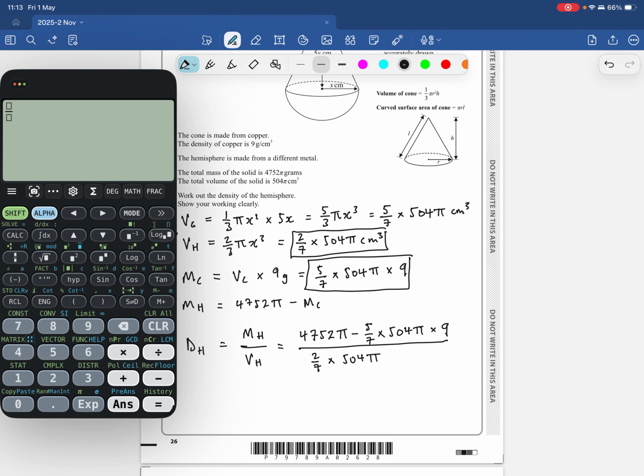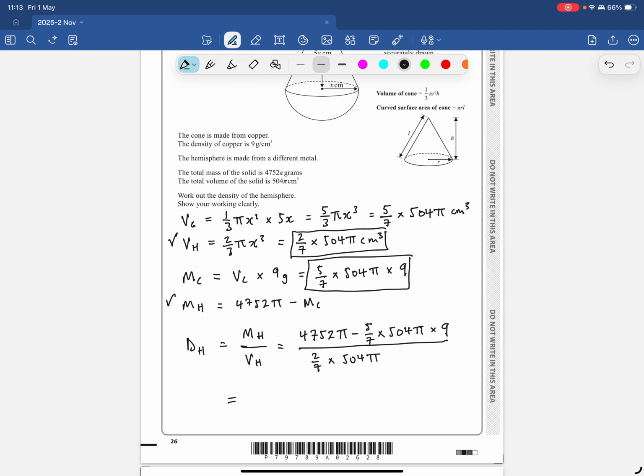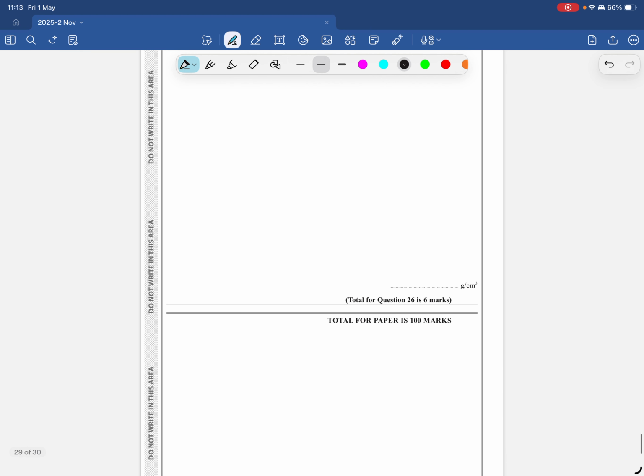So we've got a fraction, 4752 pi minus another fraction, 5/7, and then we are multiplying by 504 pi and multiplying that by 9, and then on the bottom we've got another fraction, 2/7, and we're multiplying that by 504 pi, and that gives me a value of 10.5. So 10.5 grams per centimetre cubed.